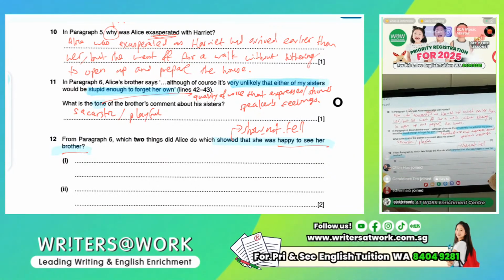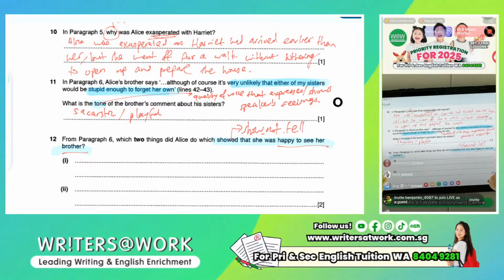Okay? Because there are many of these not so direct questions, when you read the text, you need to ask yourself how the characters are feeling, what their intent or agenda is when doing certain things. Because this is where it will trigger that thinking and help you answer questions like question 12.